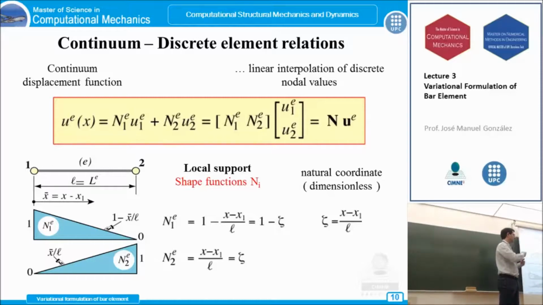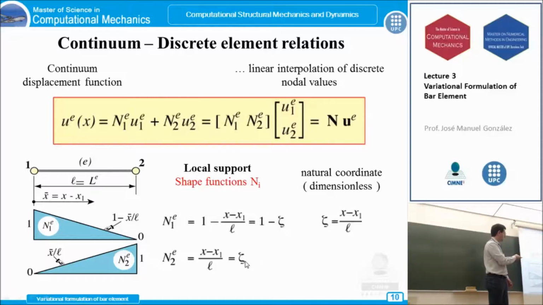In fact, we're going to talk about natural coordinates all the time, because we don't have to worry about the position of the bar element inside the geometry. This relation, (x minus x1) divided by L, we're going to call t. t is our natural coordinate. So the shape functions are 1 minus t and t.